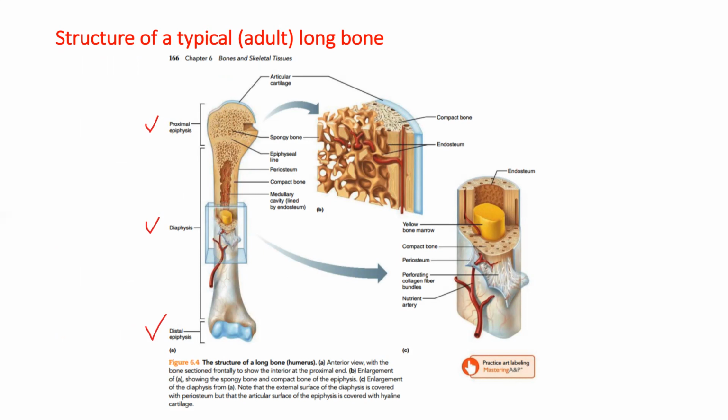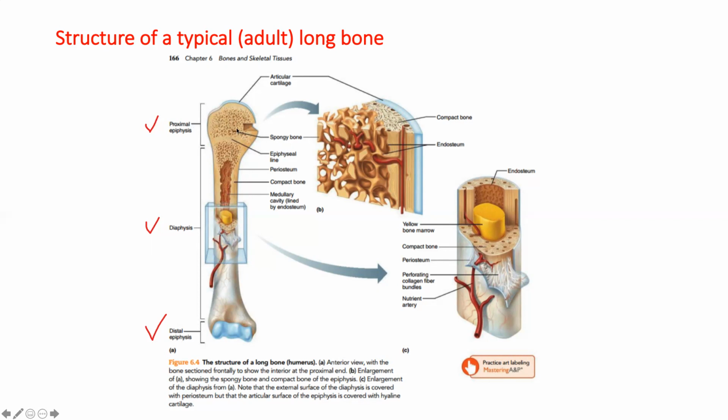So now I'm going to split the bone in half, and let's see. This is a humerus, which is a long bone. The length of the shaft we call the diaphysis. The upper end is an epiphysis, the lower end is an epiphysis. So this is the distal epiphysis, this is the proximal epiphysis.